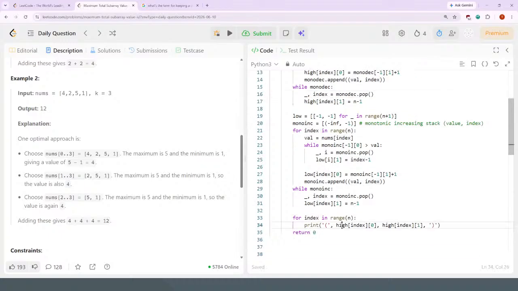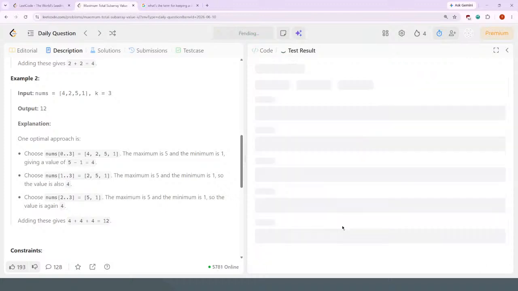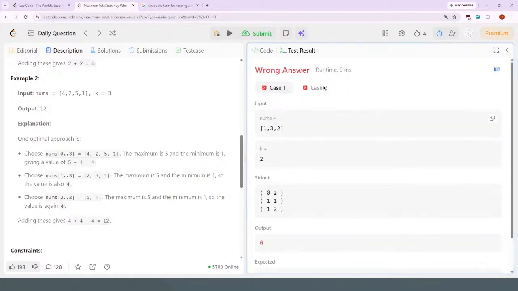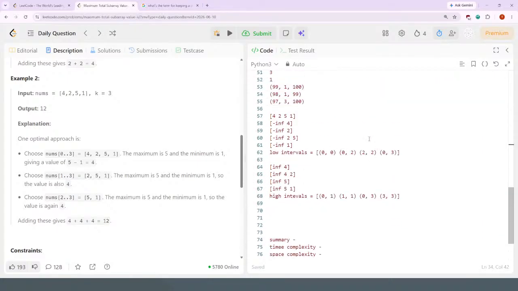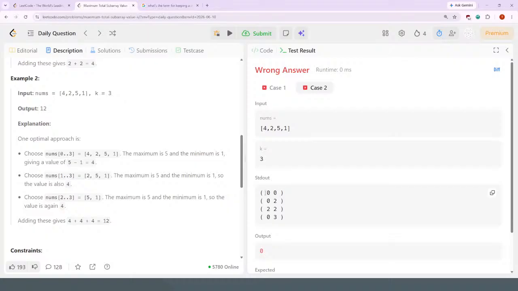Alright, and then let's go ahead and just print out this to make sure this is working. Okay, so should be 00022203. 00022203. Okay.